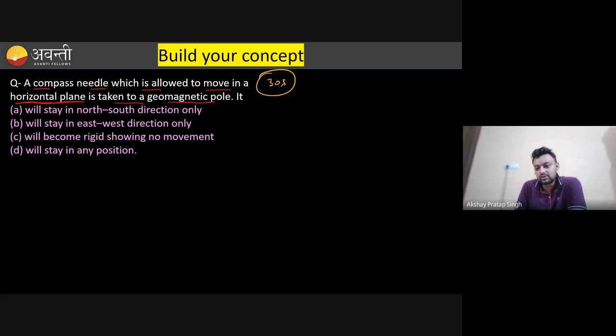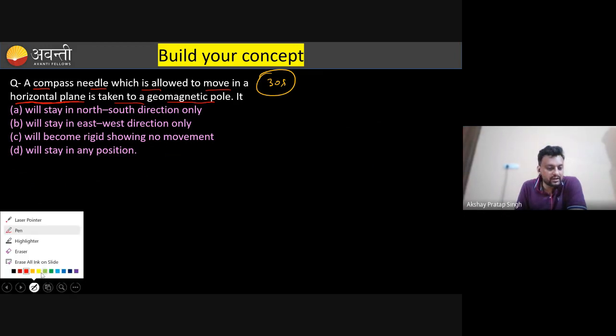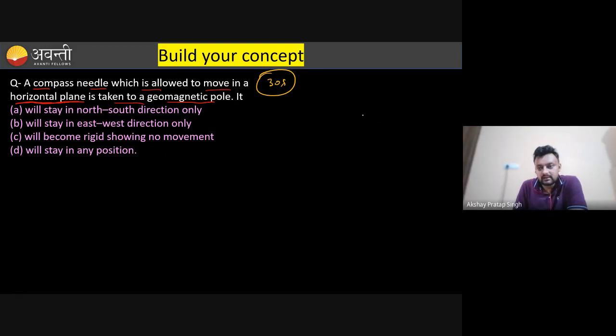Now again the situation is just opposite to the previous one. This is our earth, and there is a magnet which is free to move in the horizontal plane like this. This magnet can move in the horizontal plane only.